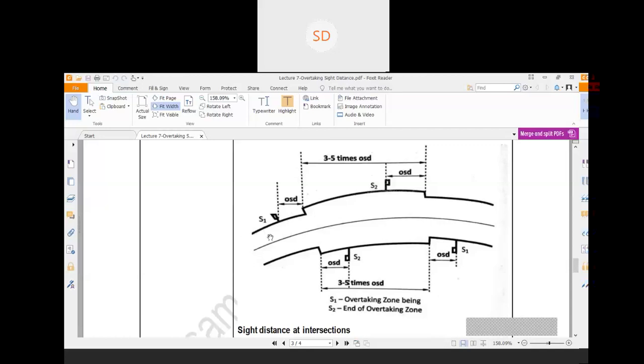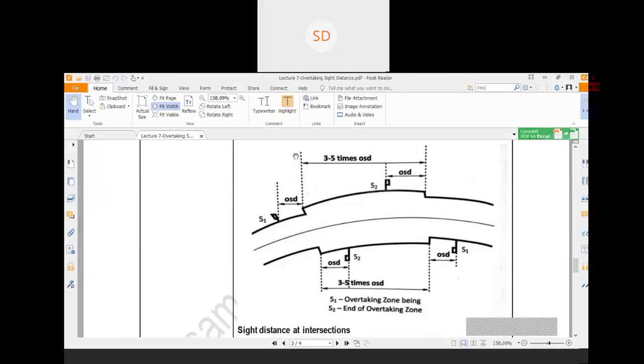Similarly, when the overtaking operation has been conducted, at the end of the overtaking zone the driver also needs to be told that the overtaking zone is coming to an end. That is done with the help of signposts.